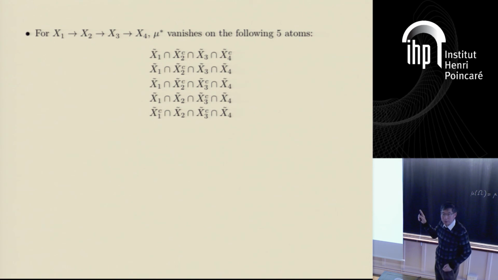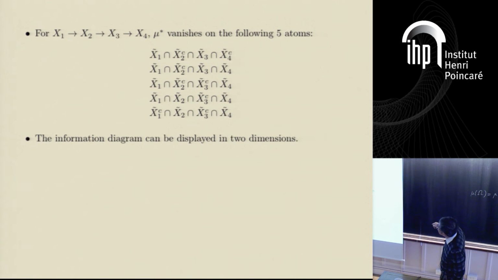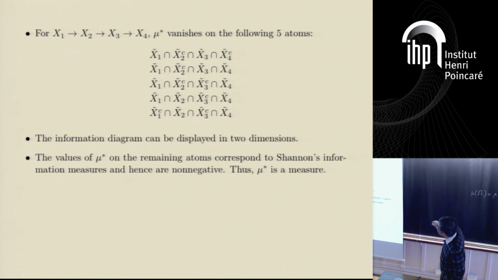Now, it turns out that this theme can be generalized to a Markov chain of any length. I'm not going to get into the general case yet, but let's check the n equals 4 case. For n equals 4, we have this Markov chain, and it turns out that mu star vanishes on the following 5 atoms. The information diagram can be displayed in 2 dimensions in the way you would imagine.